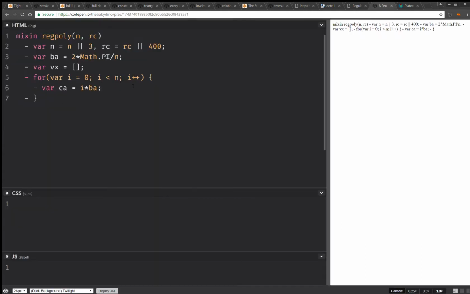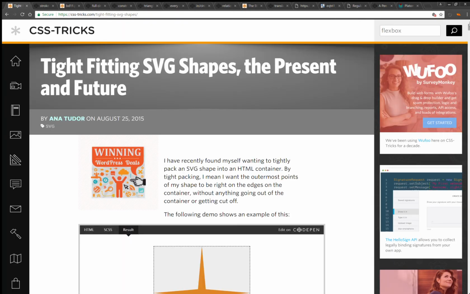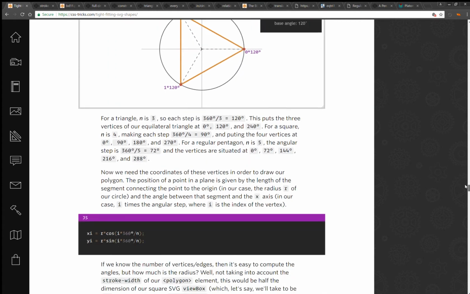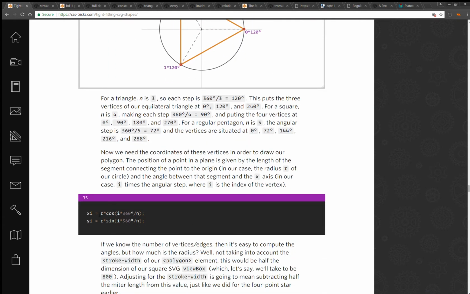Okay, so we have the current angle, and now we're going to compute the coordinates. So the coordinates, we get them using this formula right here. So we have the coordinates of a point in a plane. They're relative to the distance from the origin, and the angle formed by this radial line with the x-axis.